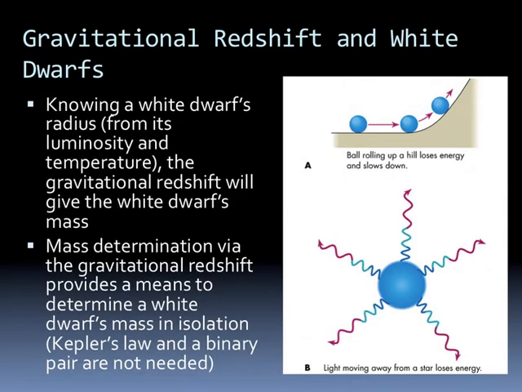Knowing a white dwarf's radius from its luminosity and temperature, the gravitational redshift will give exactly the white dwarf's mass. Mass determination via the gravitational redshift provides a means to determine a white dwarf's mass in isolation. In other words, I don't have to have a binary pair to measure the mass of a white dwarf star.